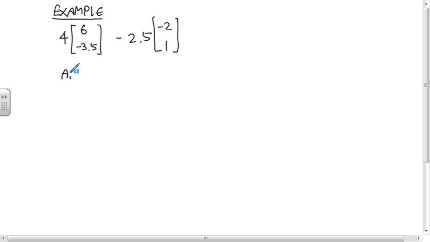And then why not find the magnitude too? Okay, so work on that together. See if you can work through that.